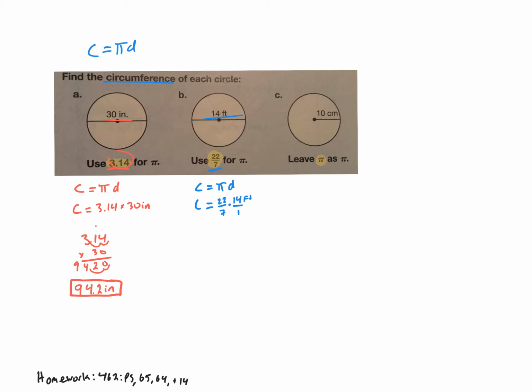I want to go ahead and reduce. I'm noticing that 7 goes into 7 one time, but 7 goes into 14 two times. So if I multiply the top, 22 times 2, or double 22, it's going to be 44. On the bottom, I have 1 times 1, so it's 44/1, which is just 44. So we'll say 44 feet. So again, the circumference is approximately equal to 44 feet because, again, I'm estimating pi.